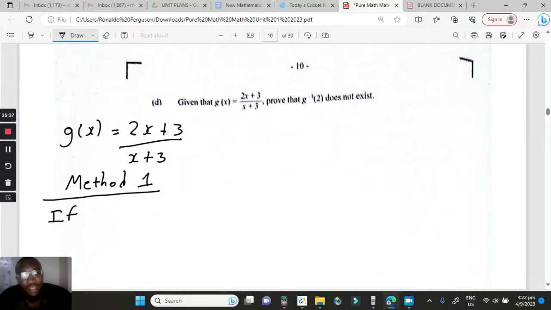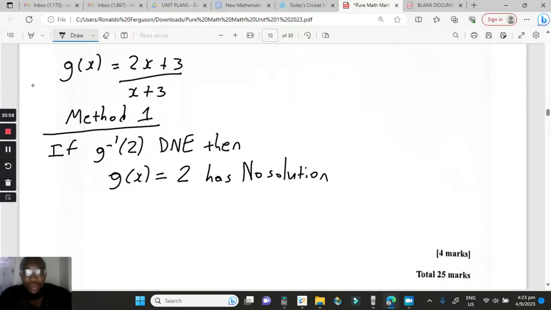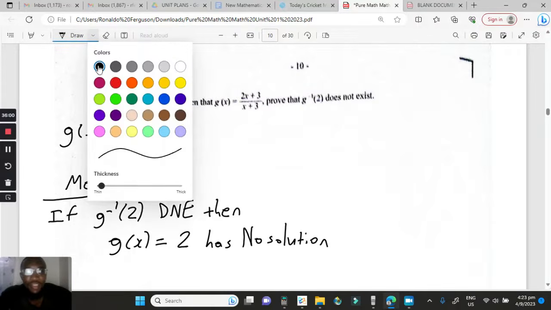If g inverse of 2 does not exist, then what we're saying is g of x equal to 2 has no solution. So that's what I'm going to verify first. I'm going to verify that if you solve g of x equal to 2, you're not going to get any solution.